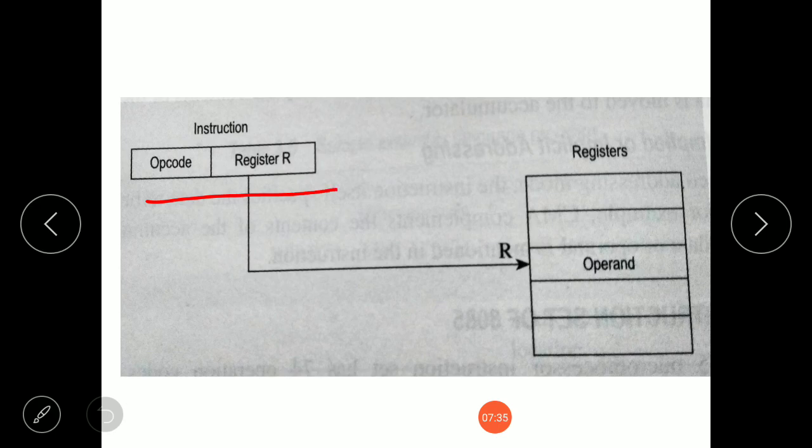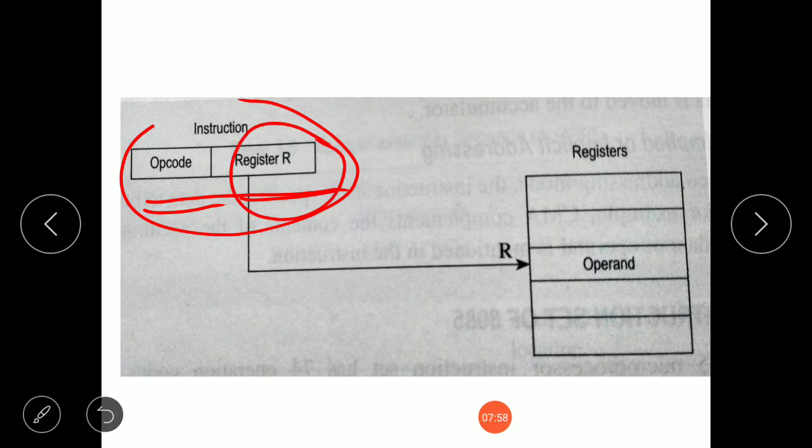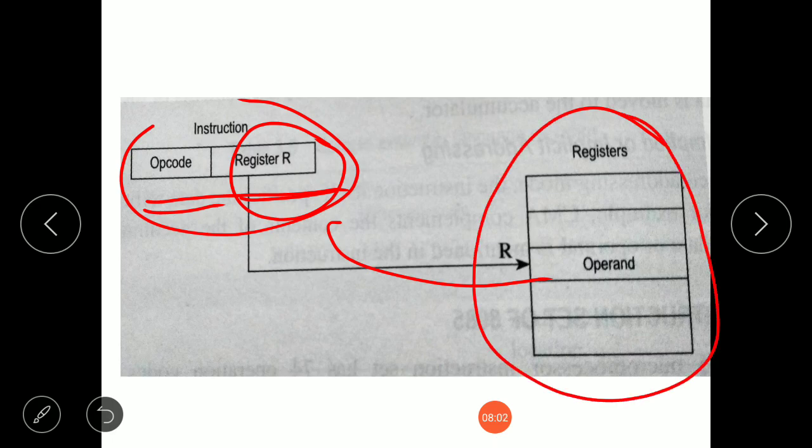Whenever I say that the register is an operand, it means the content of the register is the operand. So what happens in this instruction? This is the opcode, and we have the operand. And what is the operand? The operand is the content of the register. And where is this register located? This register is located inside the microprocessor, like registers B, C, D, E, H, L, etc.